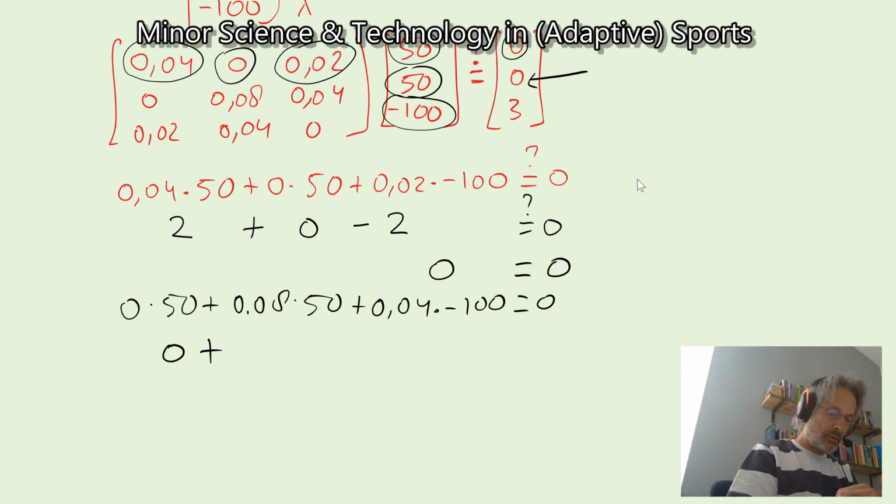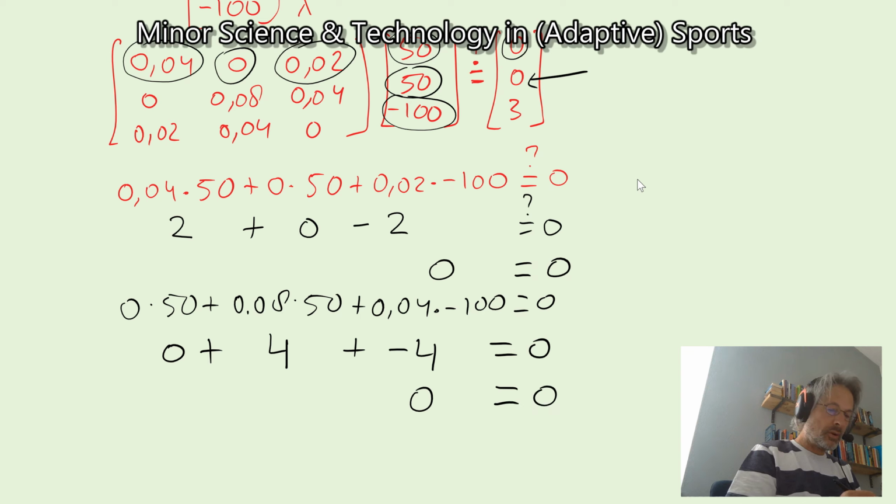Then we have 0.08 times 50, that is 4. And here we have 0.04 times minus 100, and that is minus 4. And of course, the solution is correct because 4 minus 4 equals 0, and that is equal to 0.